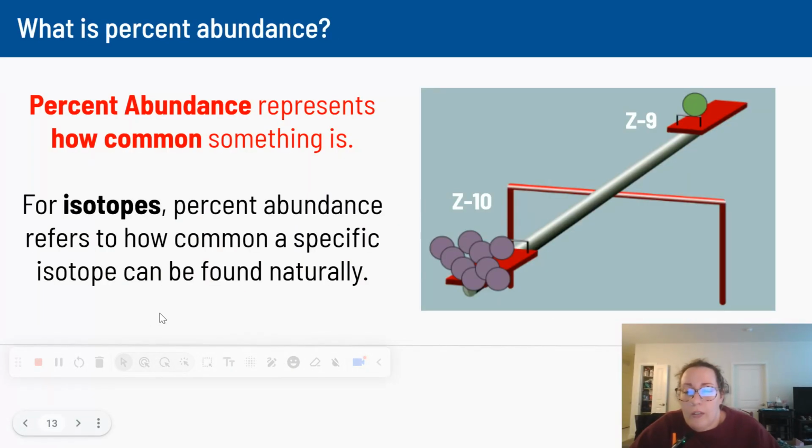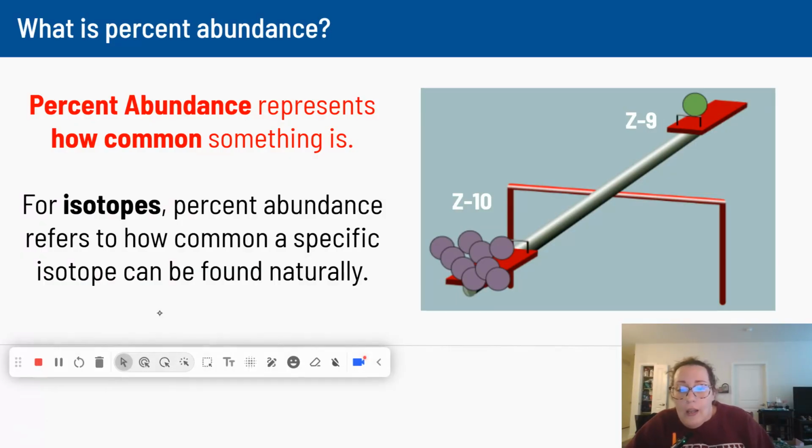So I mentioned a word, abundance, and when we talk about isotopes, we talk about it in terms of percent abundance, and what it represents is how common something is. So for your grades, the score of 80 is going to have a high percent abundance because it's your most common score. For isotopes, though, we use percent abundance to talk about how common it is that we find this specific isotope naturally.